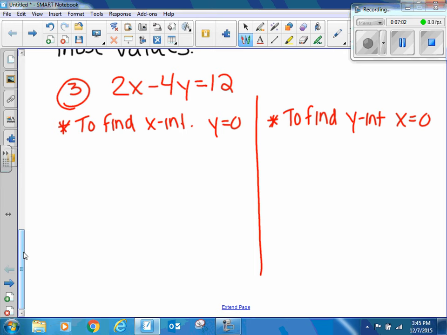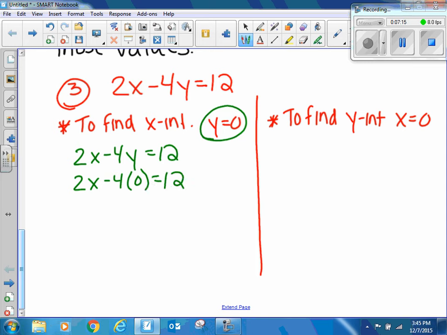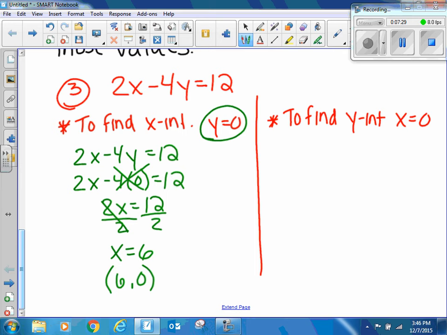So when we take this equation, 2x minus 4y equals 12, and plug in 0 for y: 2x minus 4 times 0 equals 12. This cancels out. 2x equals 12, and we're going to divide both sides by 2. x equals 6. So this is going to be our x-intercept. That is also the point (6, 0).